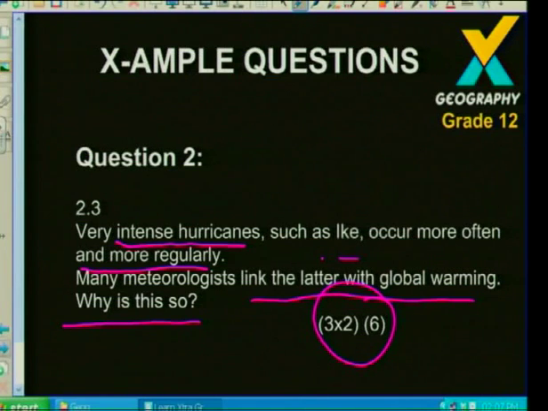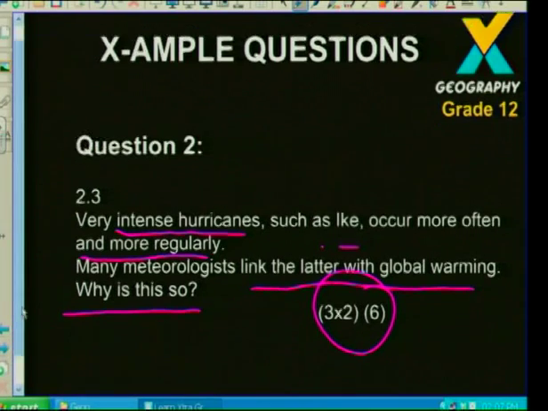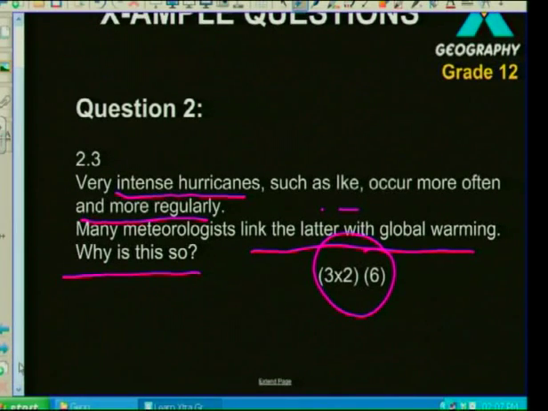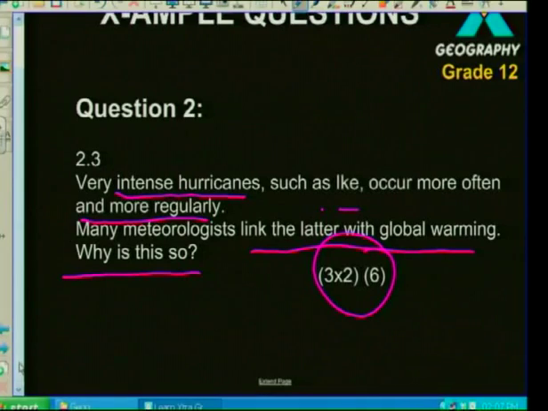So, why do you think this is so? And then you can talk about it. Here now, a slightly different approach. We can talk about the tropical cyclone and what makes a tropical cyclone tick, I would put it that way. And we can say, meteorologists link the latter with global warming. Why is this so?